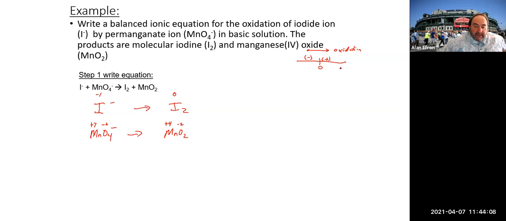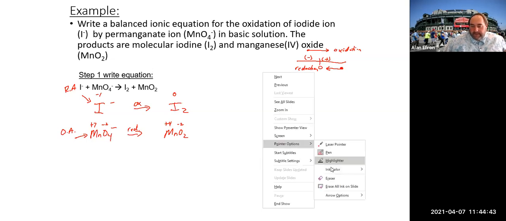So the Mn started at +7, heading to +4, which is in this direction, becoming more negative, which means it's going through reduction. So this should be our oxidation half reaction, and this should be our reduction half reaction. It also means that the I- here would be our reducing agent, and the Mn here would be our oxidizing agent in this case. Any questions on that so far?